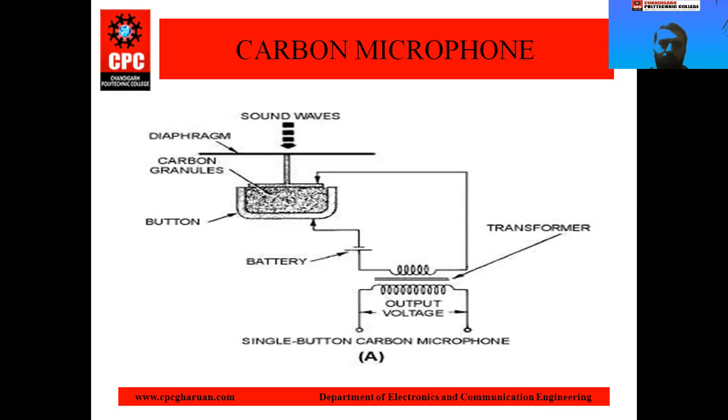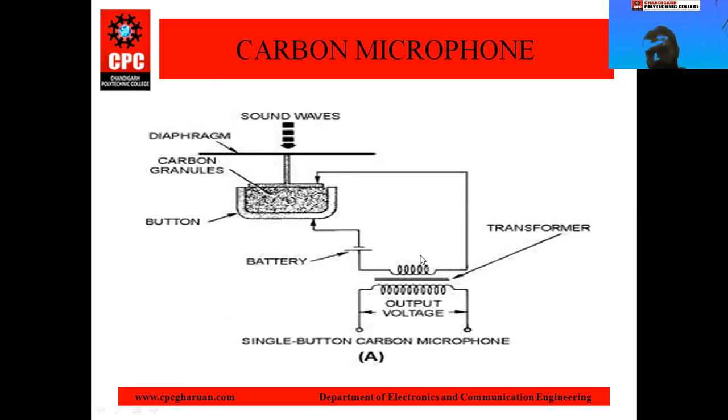The circuit diagram of the carbon microphone is shown here. This is your carbon part, and this is your diaphragm. When the sound signal strikes the diaphragm, the diaphragm applies pressure on the carbon.